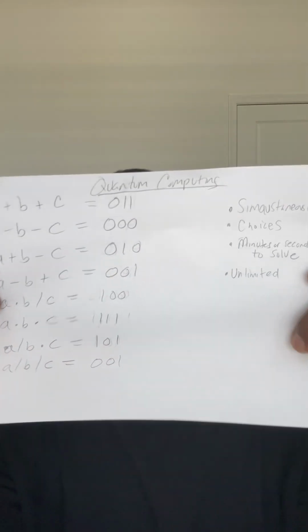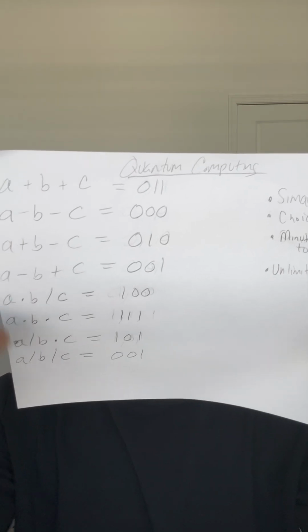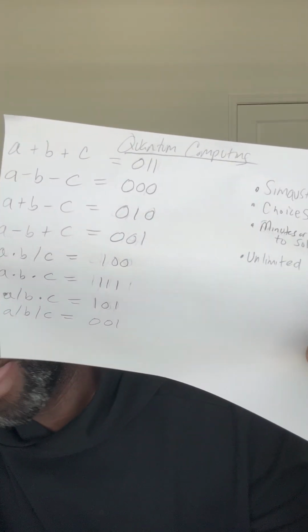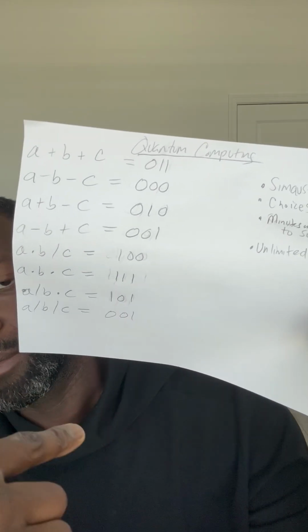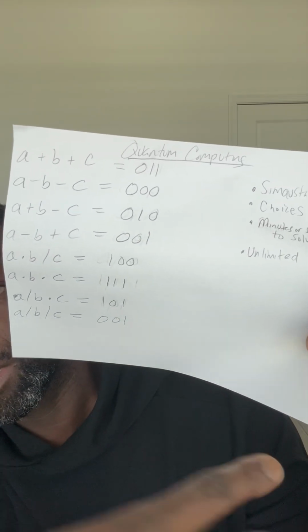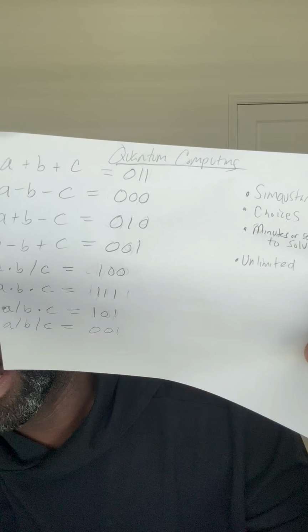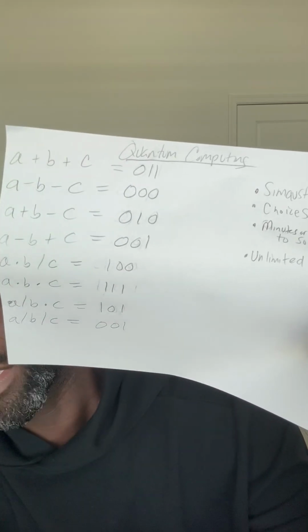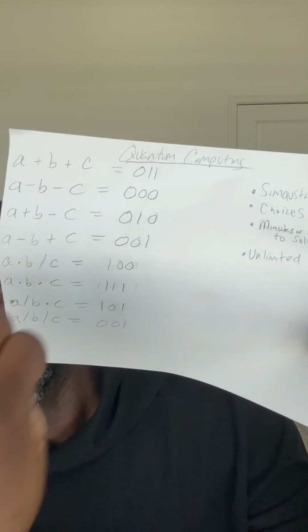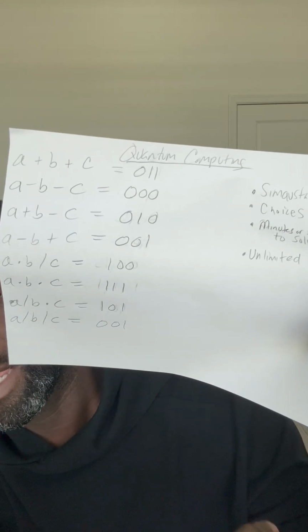So when it comes to quantum computing, it's a little bit more complex. See, I got 8 different problems, right? Maximize. And you see the different results. With the 8 different problems, you get 8 different results. And the cool thing about quantum computing is it's so complex that you get all of these answers simultaneously. So it doesn't take years to get them.